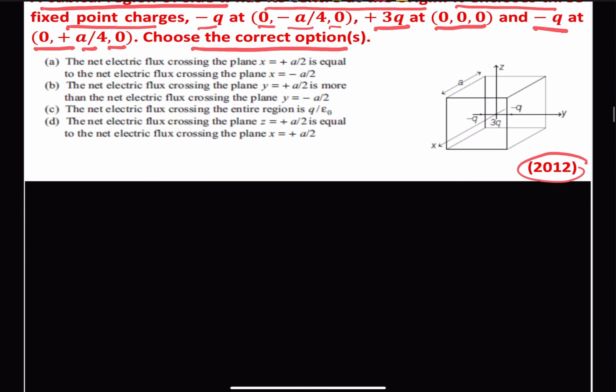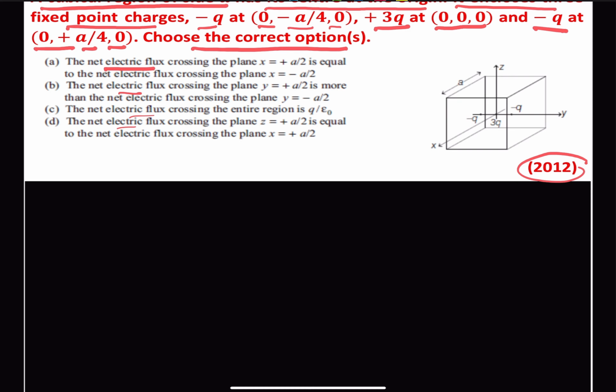So in order to find out, these options are all related with our net electric flux. And for net electric flux, we can easily use our Gauss law. And Gauss law states that the net electric flux will be dependent upon the total charge enclosed.